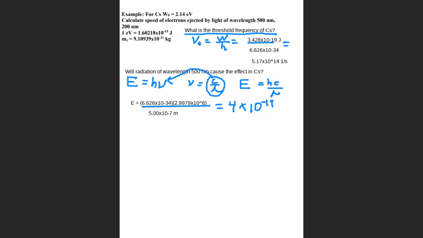This is greater than W. So the answer would be yes. The effect would be created. Likewise, as Paul says, I could calculate the frequency and compare it to the threshold frequency. And I should also get a yes.